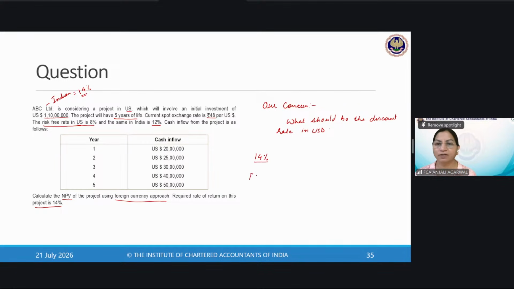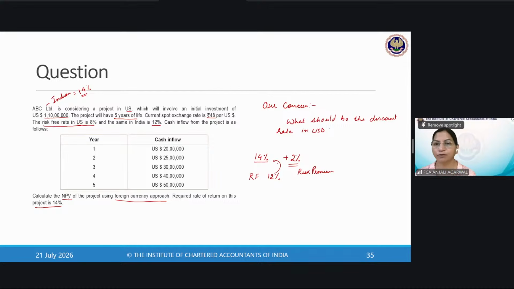Whereas the risk-free rate of interest in India was 12%. So why are we wanting 2% extra? Because we are not investing in some risk-free project. We are investing in a project which has certain risk. So we are charging this 2% extra for the risk premium maybe.